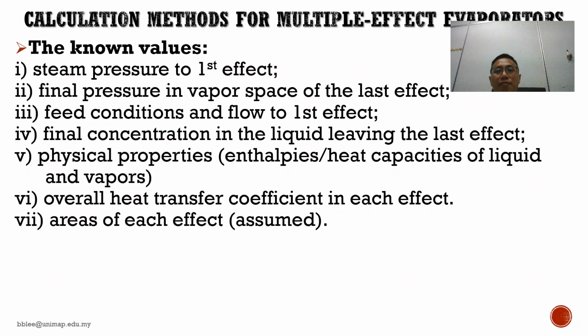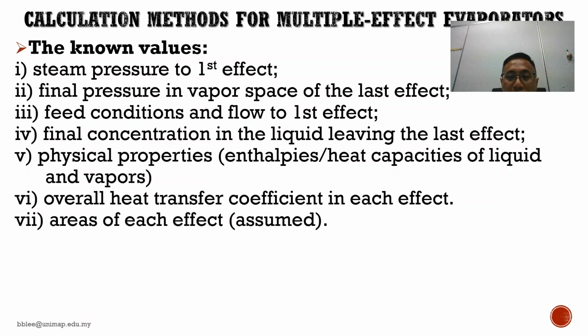The feed condition and flow to the first effect we can set: a feed of certain solid content, and the flow rate of the feed. Also the final concentration of the liquid leaving the last effect, and physical properties such as enthalpy and heat capacity of liquid and vapor. These you can find from handbooks, steam tables and the appendix values of the heat capacities.